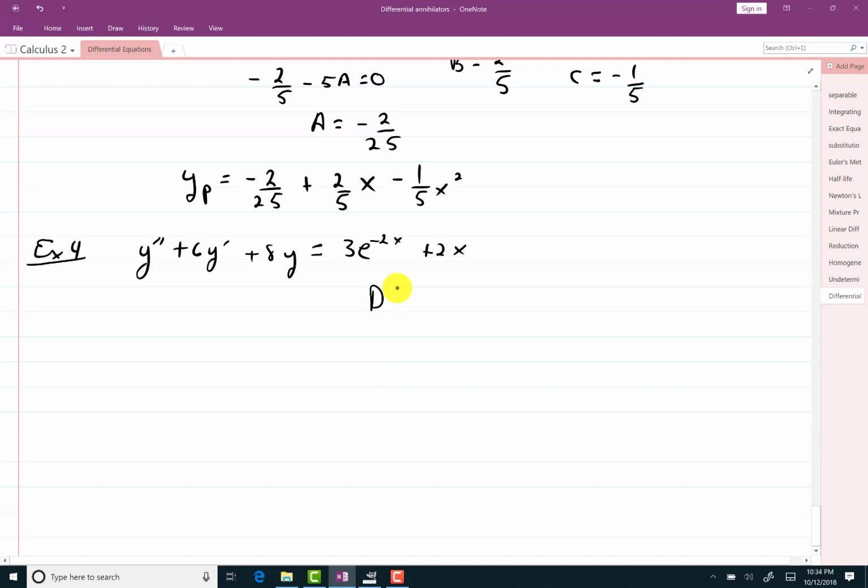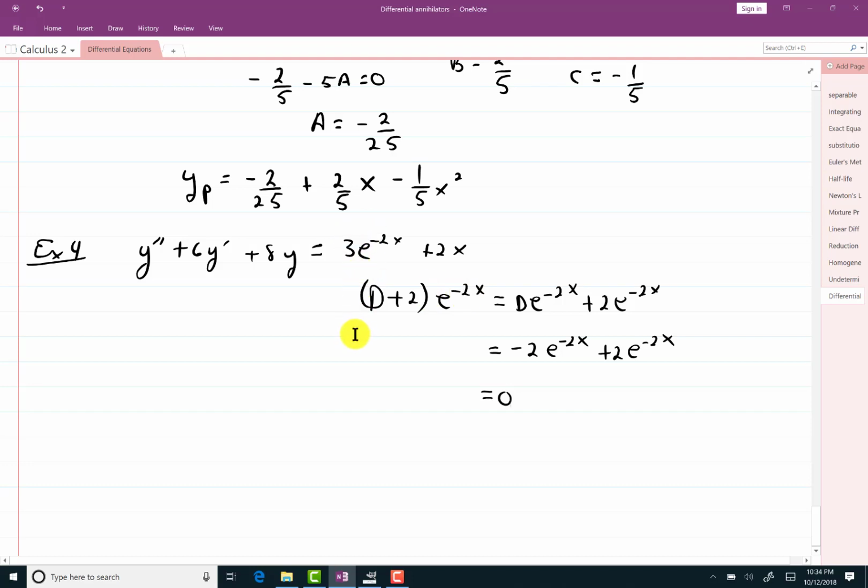So let's take a look at, I believe, D plus 2 of e to the negative 2x will equal D of e to the negative 2x plus 2e to the negative 2x. And that'll be negative 2e to the negative 2x plus 2e to the negative 2x. And that will equal 0. So I can annihilate that part with just D plus 2.